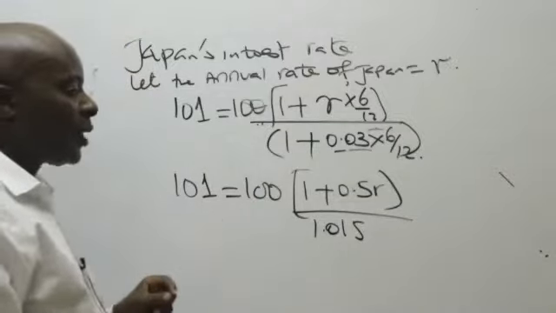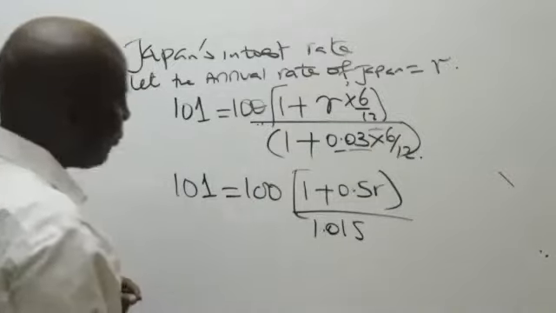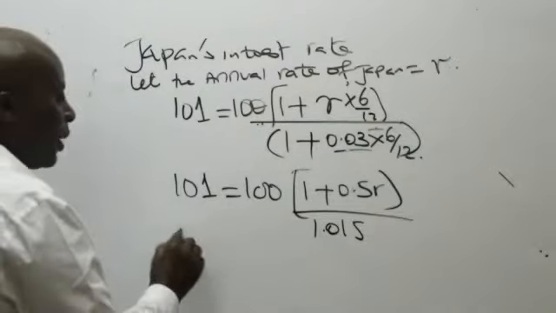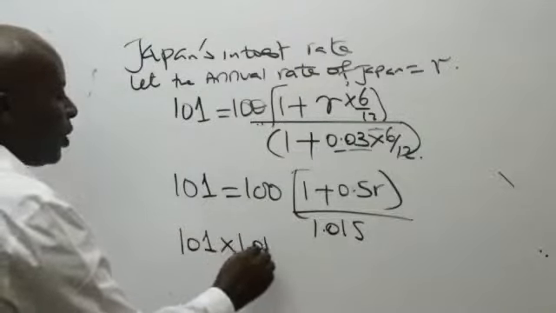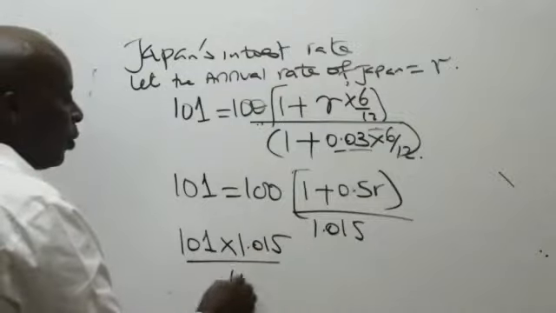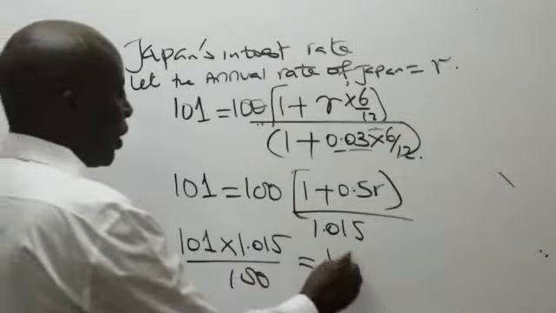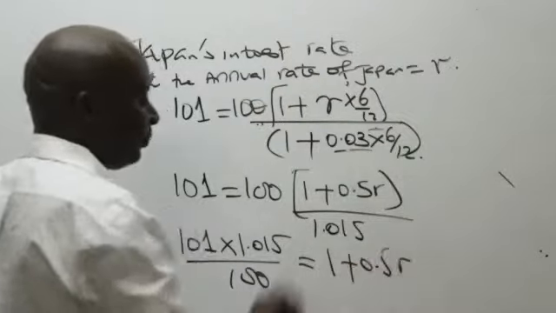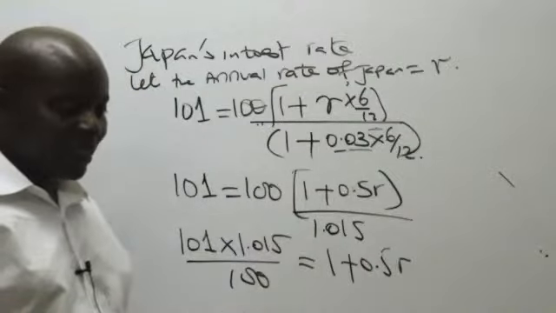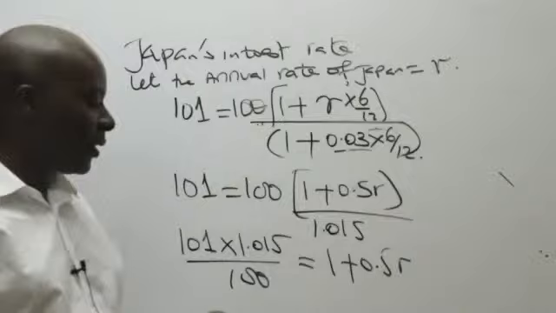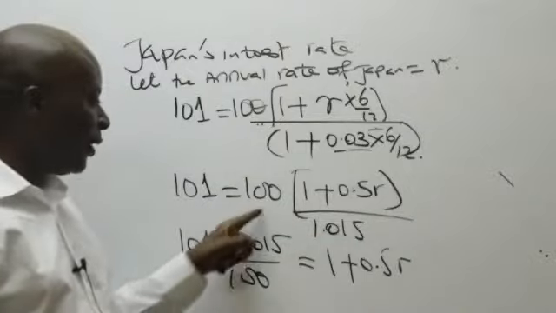So then I would want to make R the subject of the formula. What I'll do, I'll cross multiply. This will be 101 times 1.015 all over 100 equals 1 plus 0.5 R. You can also decide to open the bracket like that, but here I've been able to multiply and divide by 100.